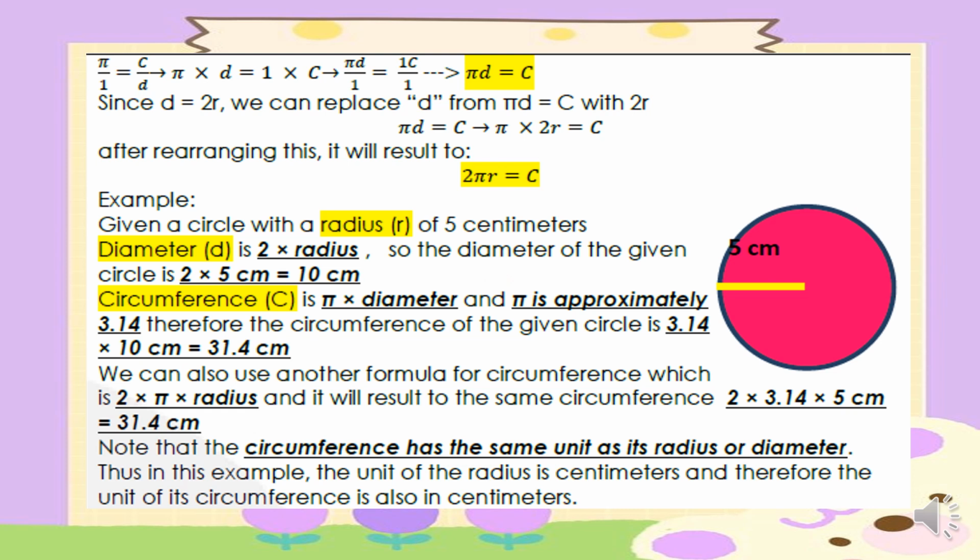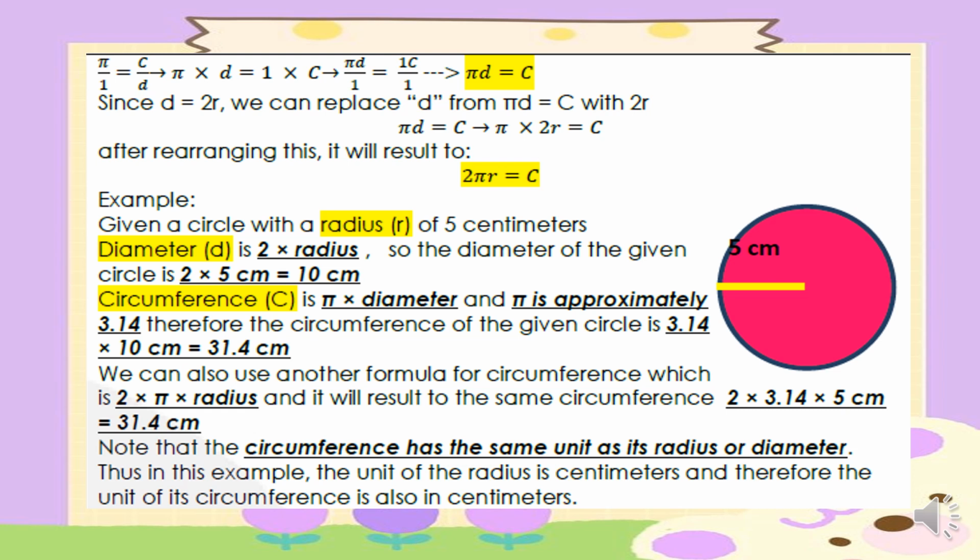Using the cross product rule, pi over 1 is equal to C over D. So that means pi times D equals 1 times C. So the formula for the circumference, if the given is the diameter, is C equals pi D. Since D is 2 times the radius, we can replace D in pi D with 2r.